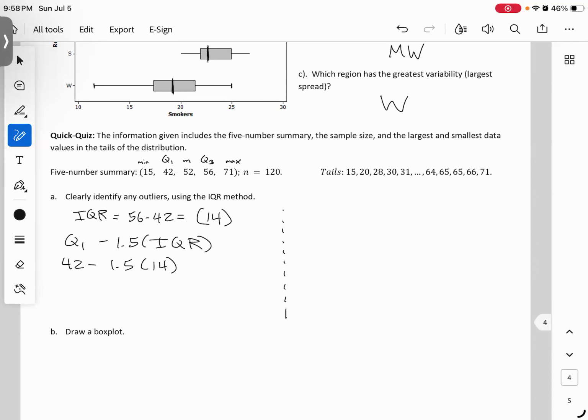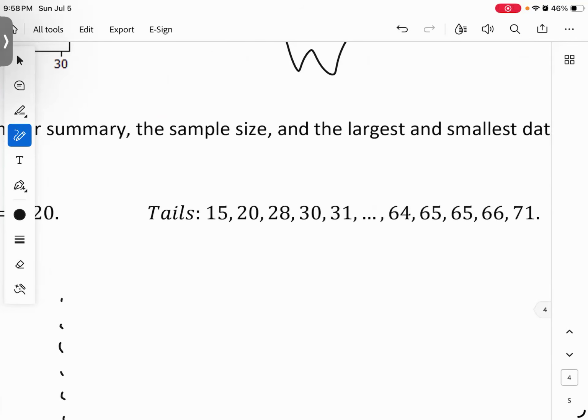It's not a data value. It's to see if any of these numbers happen to be lower than that, then they'd be a lower outlier. And when you do this, you should get 21, which is your cutoff. Here would be 21, and anything below that is a lower outlier.